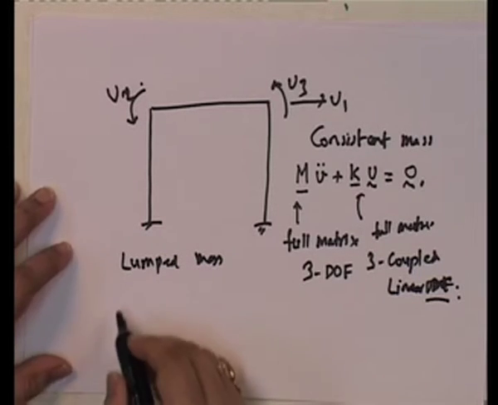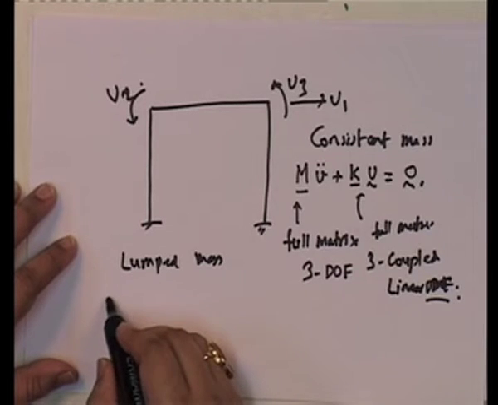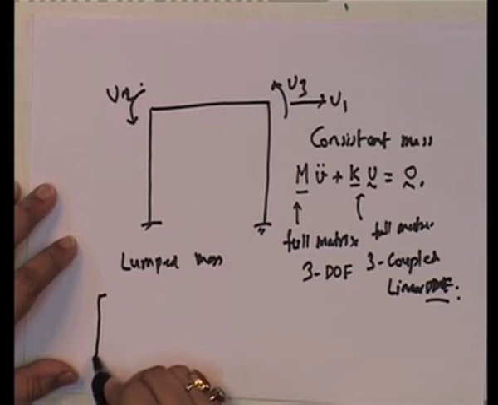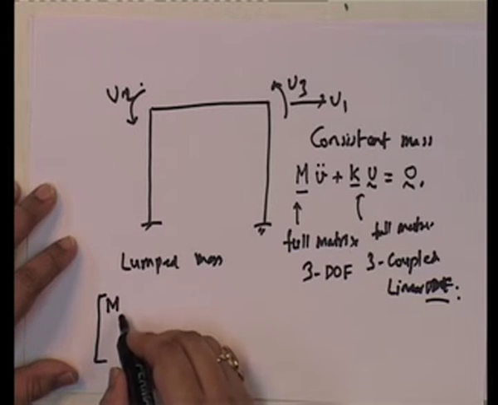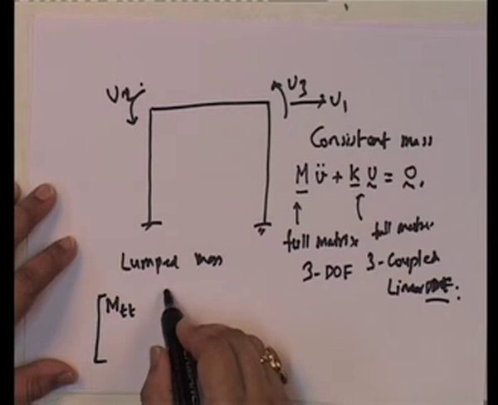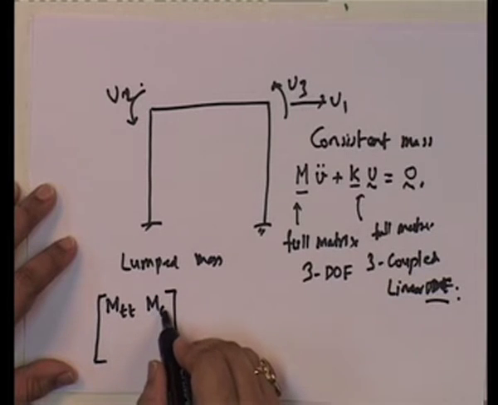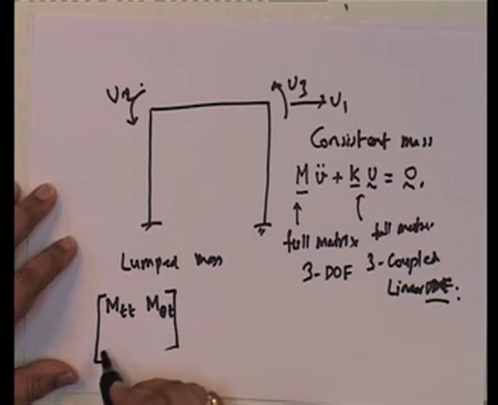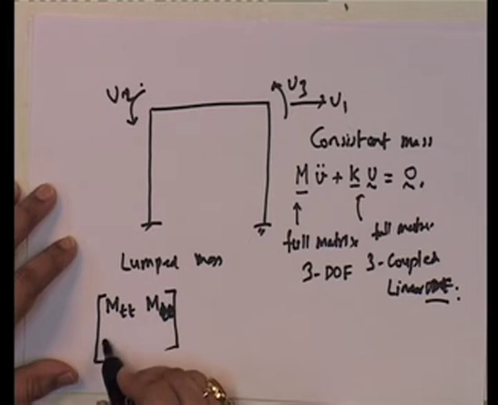Here I am going to put the mass matrix in this format. This is M translation, MTT. These are the theta T's, this is M theta T.